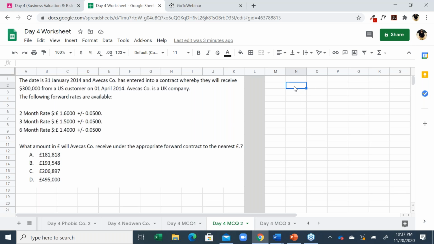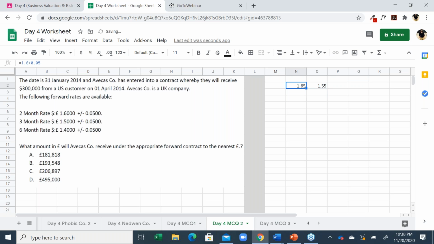Let's first convert the rates into buying and selling rates. 1.6 plus 0.05 is 1.65, and 1.6 minus 0.05.